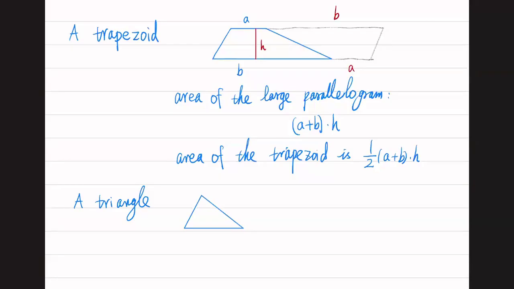We measure the side, measure the height. So this is a special case of the trapezoid when A is 0.